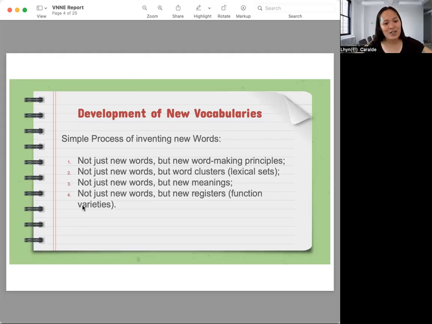The third one is not just new words, but new meanings. So we are giving new meanings to the newly invented or newly found words. The last one is not just new words, but new registers and function varieties. We have registered words from different countries that we invented, and then we have the function varieties.